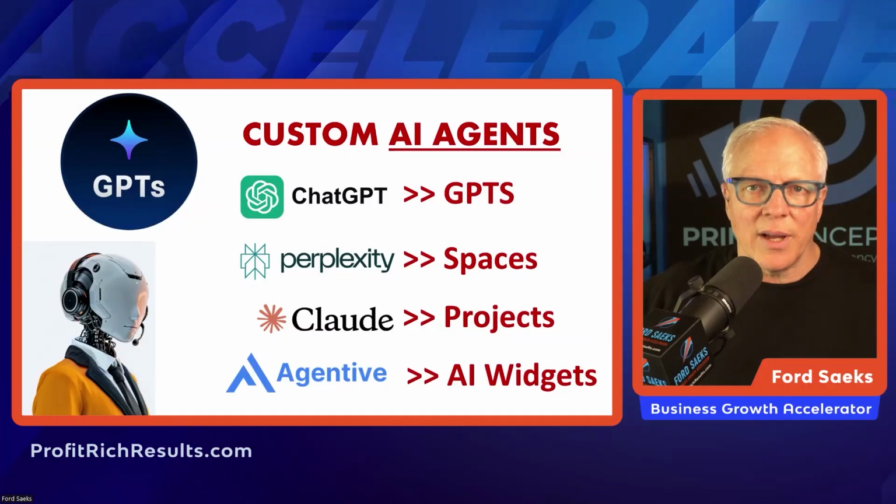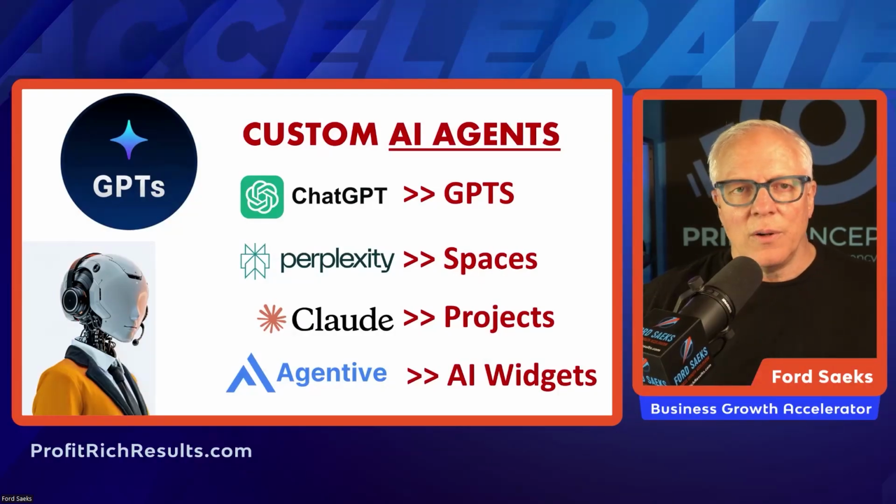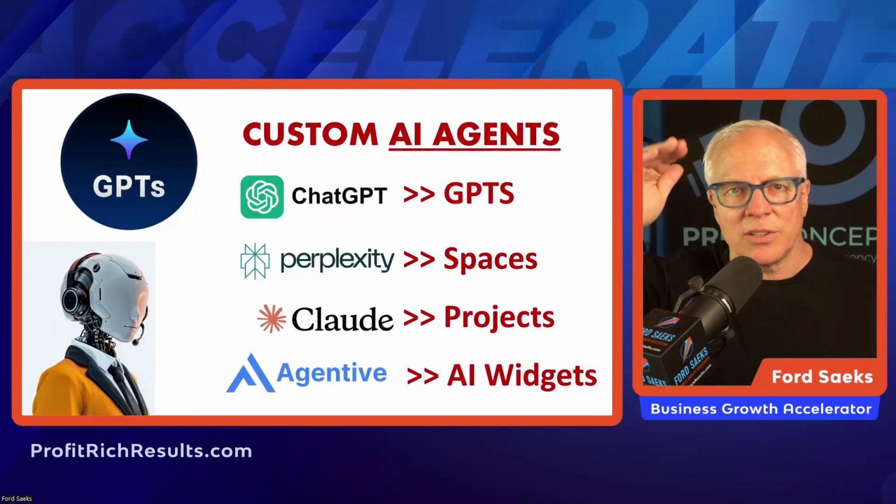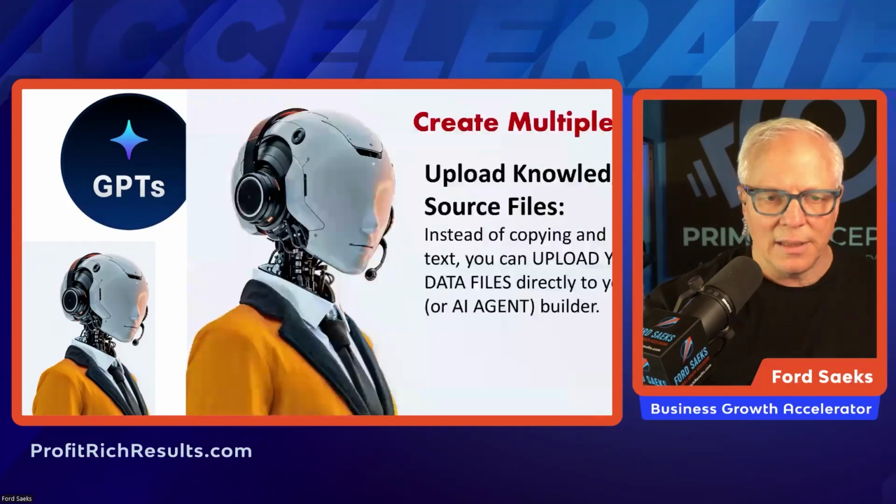You can actually deploy it on your website, on social media channels, on WhatsApp, and so forth. So Agentive Hub is something we're going to look at, but I want you to start simple, get complicated later.